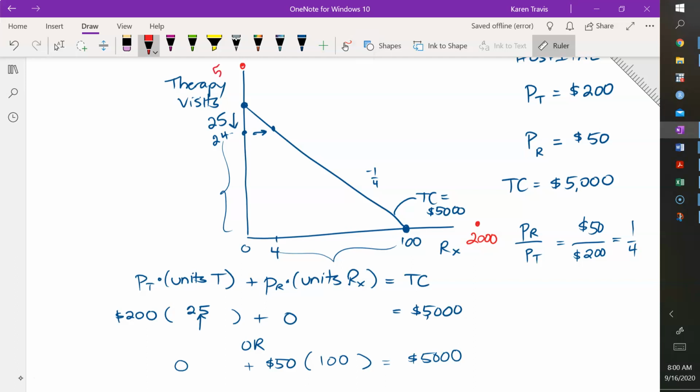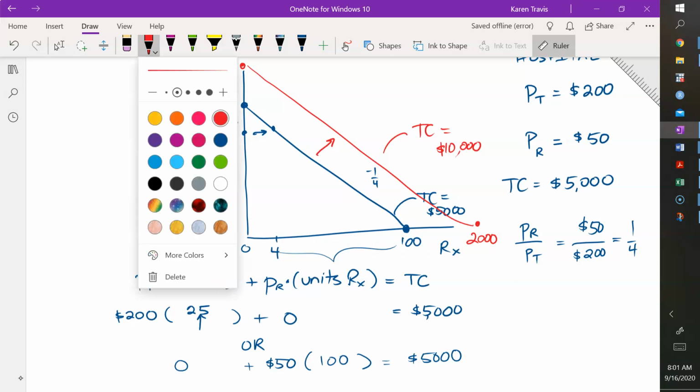And I realize I don't have exact scaling here, but anytime we spend more, we'll be at a higher ISA cost, which represents higher total cost. But notice the slope stays the same because the price ratios are exactly the same.